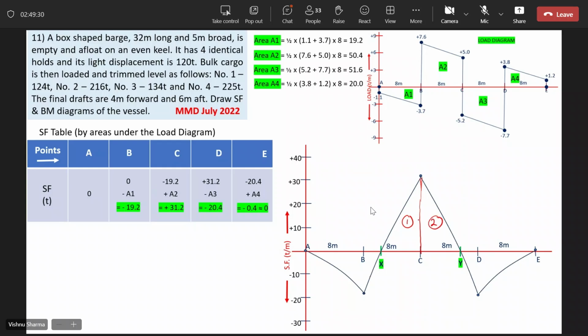Do you agree 1 and 2 have to be equal? Yes. Then what happens? 1 should be nullifying what? This positive area, 1 should nullify this, and 2 should nullify this. Why? Because area 3 and 4 are also equal. Am I right, guys? Yes or no?